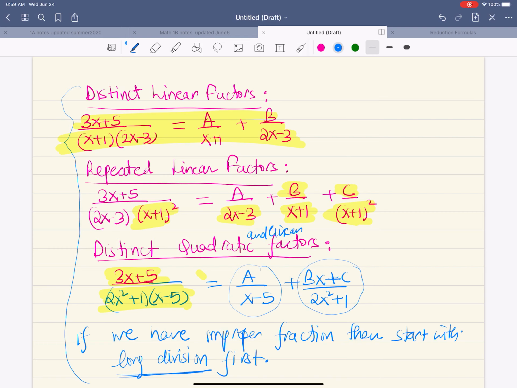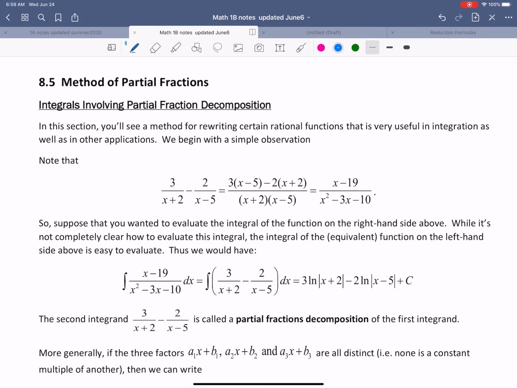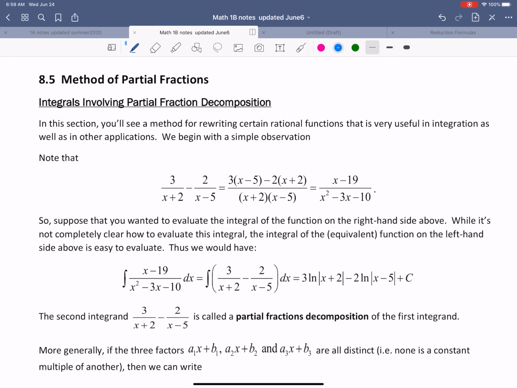Okay, let's look at some examples for integrating using partial fractions. So here's another review of what partial fractions are. In intermediate algebra, we saw how to add two fractions and get the sum. The method of partial fractions actually breaks this sum back into the two fractions it started with.